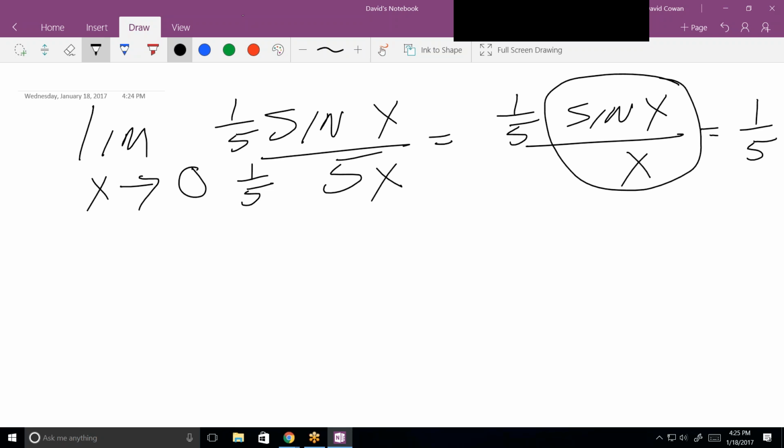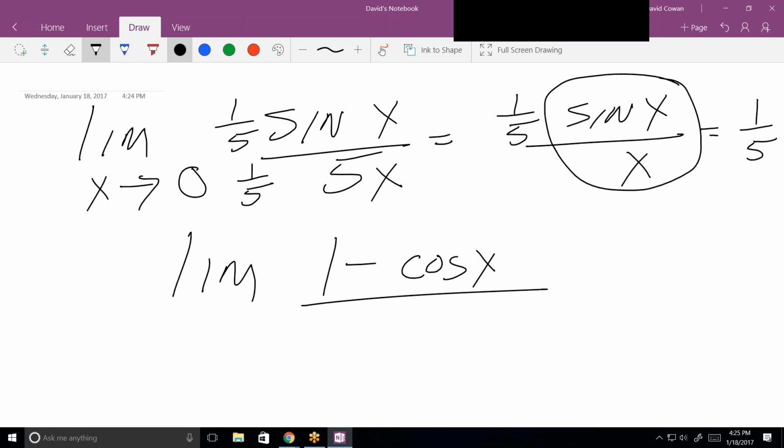There's one other limit that they ask you to memorize without telling you why. I think it's this one. Let's see. No, that would be 0 over 1. Excuse me, it's this.